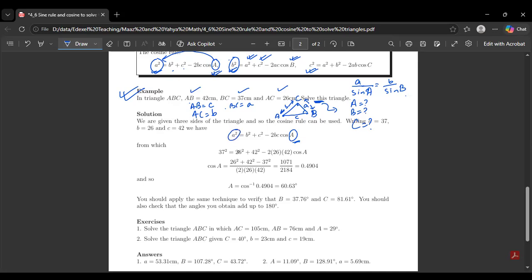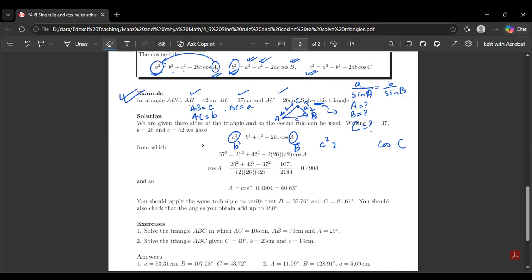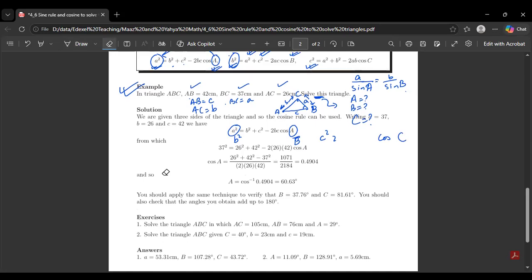If you are using B, the side B has to be written here in square form, right? If you are using C, with the cos C on the right hand side, you're going to have the c squared on the left hand side. This relation has to be taken care of, because otherwise it will be difficult for you to get the right answer.